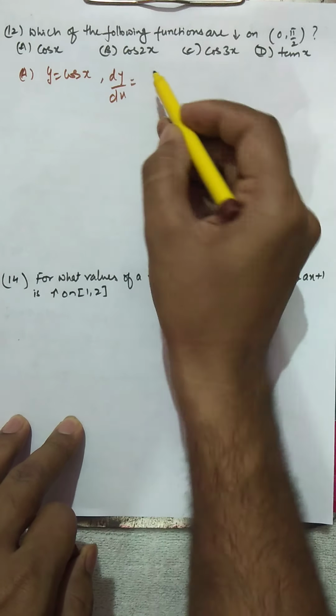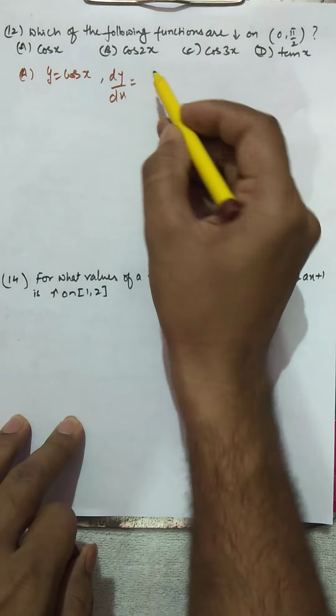Now take y equal to cos 2x. So dy by dx will be minus 2 sine 2x. Now x is from 0 to pi by 2. If we multiply by 2 on both sides, then it becomes 2x, and this will be pi.